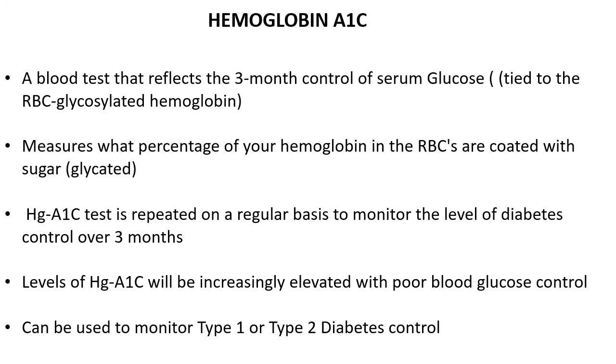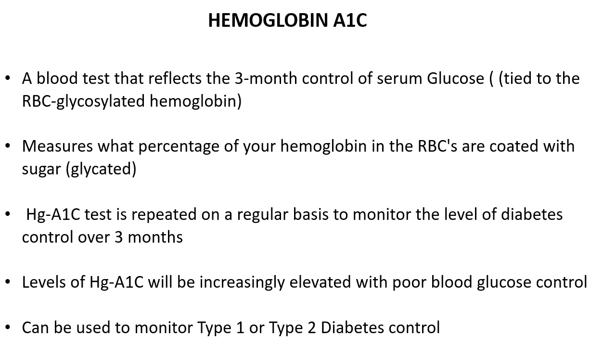Okay, so let's talk about a blood test that we have available to us and is used very frequently in diabetics. So whether type 1 diabetes or type 2 diabetes. And it's a blood test that reflects the previous 3 months of serum glucose control. So it's called hemoglobin A1C, okay, or glycosylated hemoglobin. So what does this mean? This measures the amount of glucose that's attached to your red blood cells in your bloodstream.